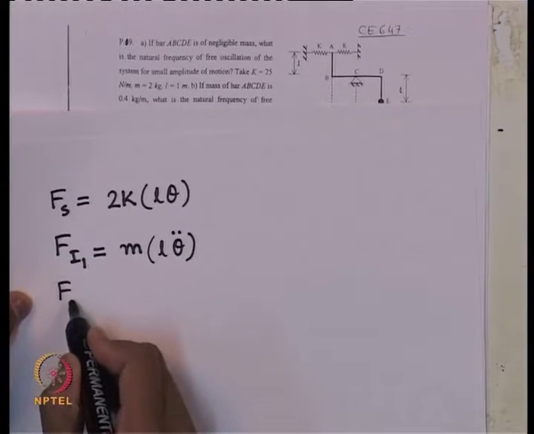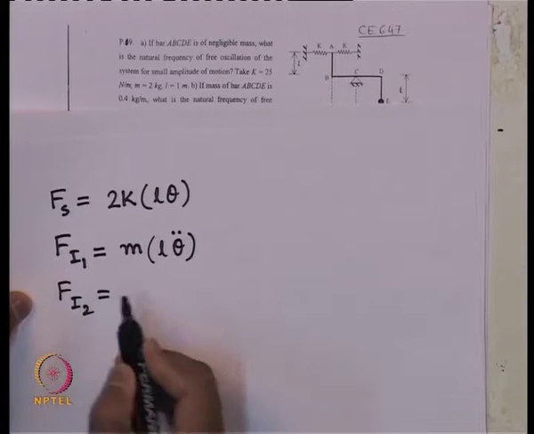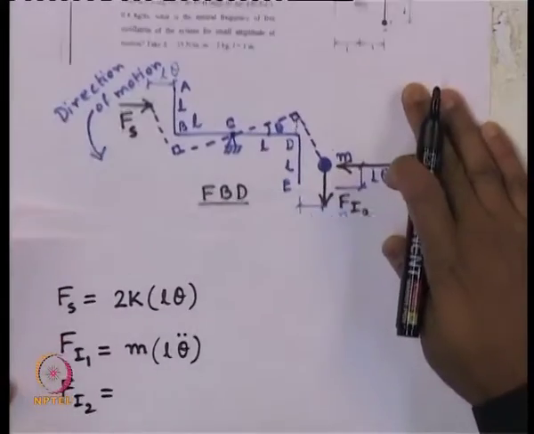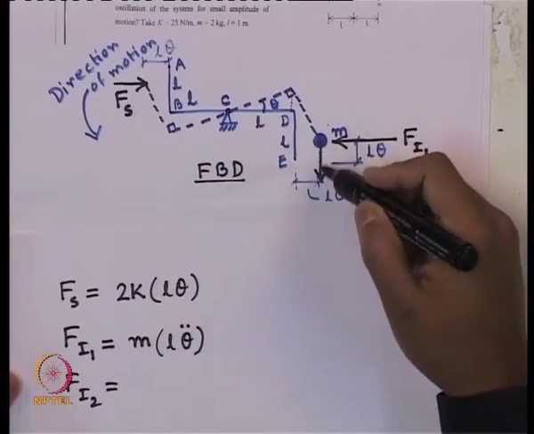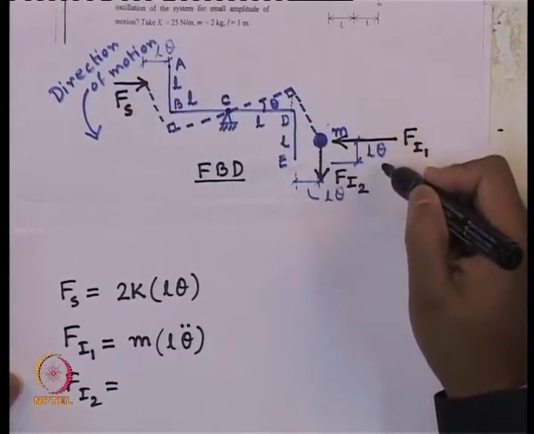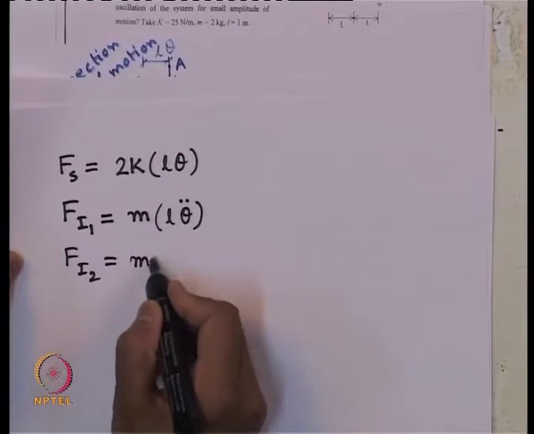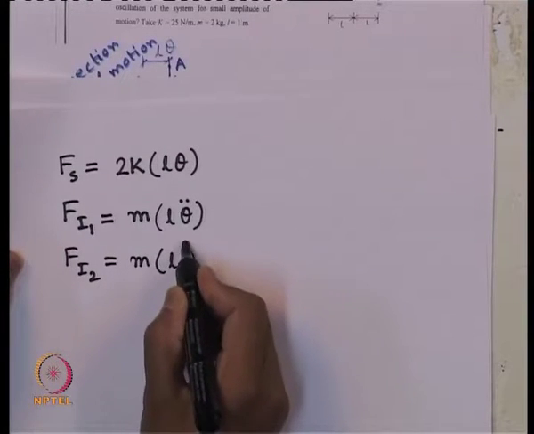and the vertical inertia force F I 2: it has been displaced vertically by the amount L theta. So the vertical inertia force will be m times L theta double dot.